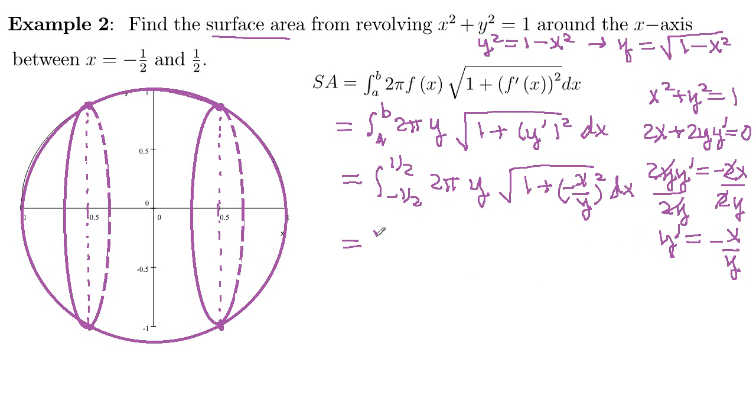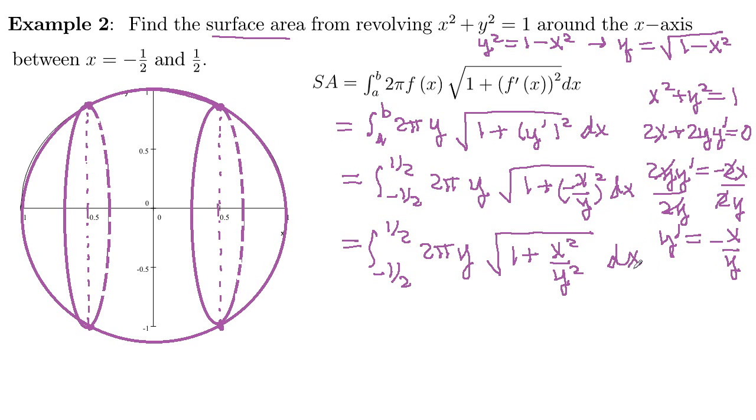So this will be the integral from -1/2 to 1/2 of 2 pi y, and then square root of 1 plus, and we square negative x, we get x squared. We square the y on the bottom, y squared, and then dx. Let's get a common denominator between these.